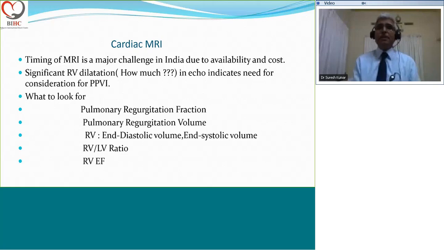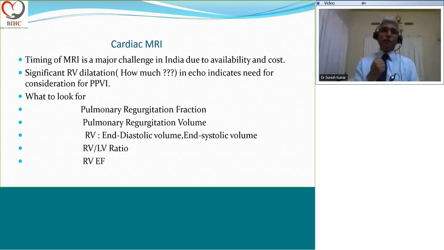Significant RV dilatation in echo indicates the need for consideration for percutaneous pulmonary valve implantation. That is why assessing what is significant RV dilatation and how much the RV function is impaired, using some of the echocardiographic parameters that we discussed so far, is helpful in identifying the patient who should go for MRI.